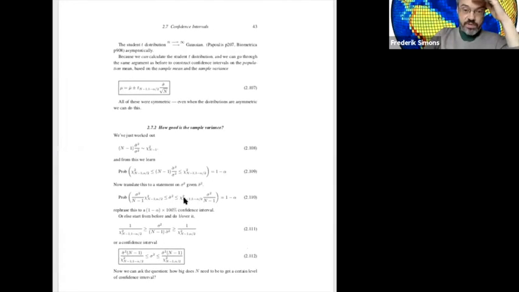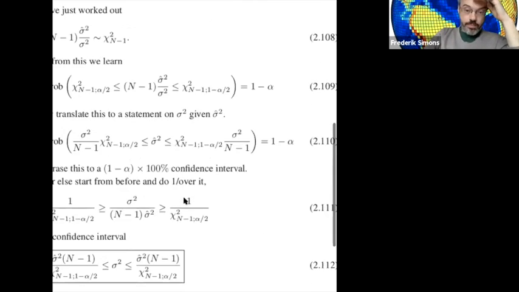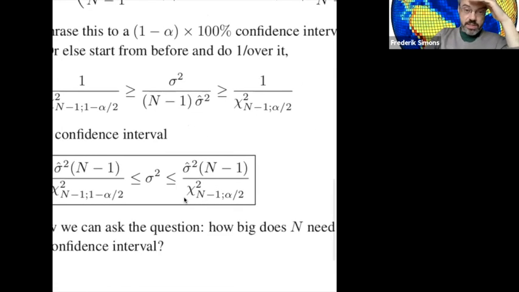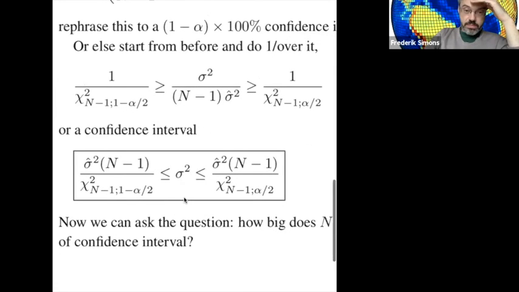You open this thing, 2.1.12. You're supposed to find this a little bit scary because, you know, there are too many symbols here, right? But the true variance, which you don't know but want to know, probabilistically lies within a bigger number and a smaller number.